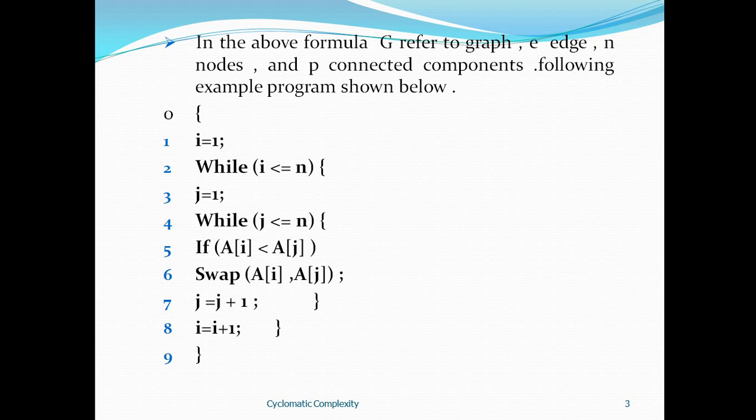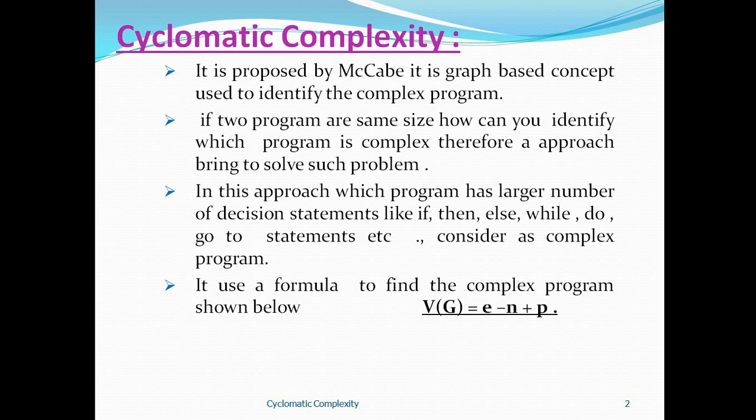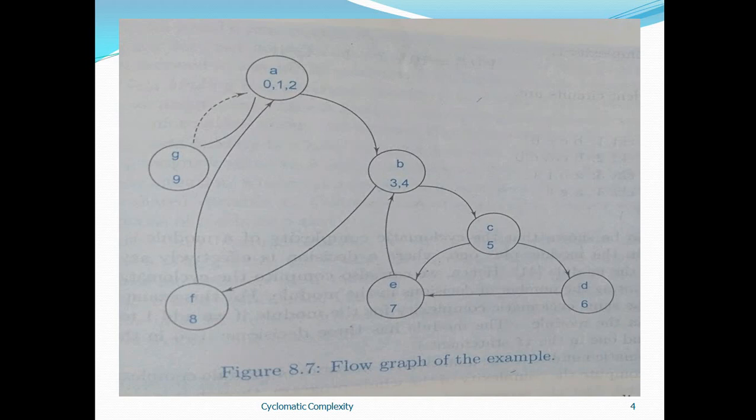And the next line, i equal to i plus 1, which is the 8th statement, whose beginning statement is in the second line, right? So E is connected to the F statement, which is connected to the second statement, right?